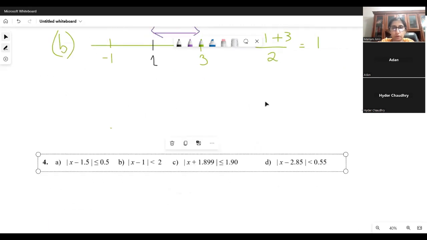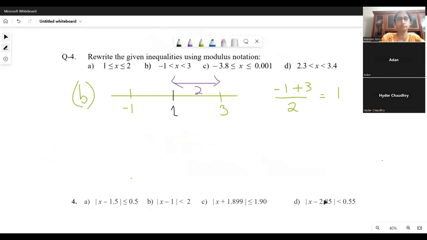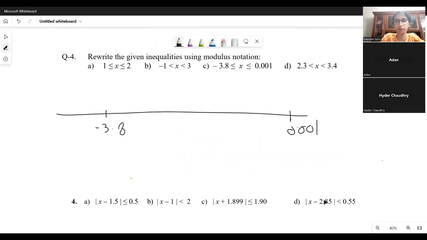So let's see what was question number 4. So first you need the mid value of minus 3.8 and 0.001. So I'm going to write minus 3.8 plus 0.001 divided by 2.